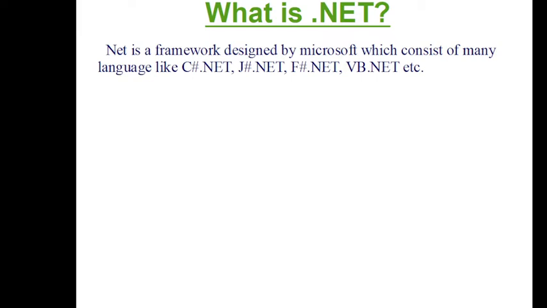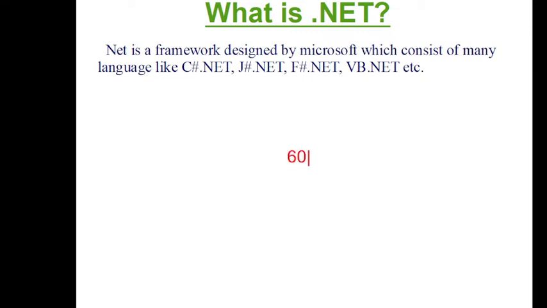The definition is, .NET is a framework designed by Microsoft which consists of many languages like C#.NET, F#.NET, VB.NET, and many more. There are 60 plus languages supported by the .NET framework.